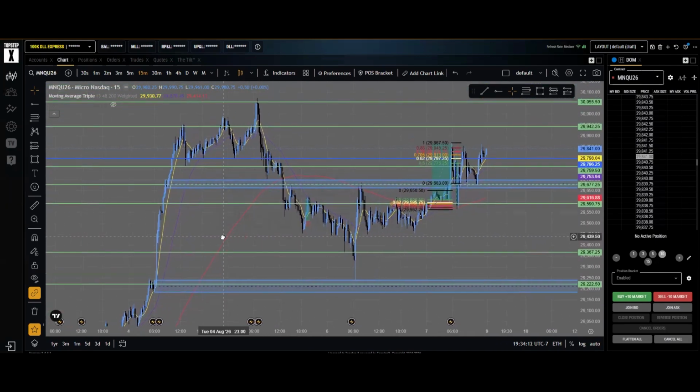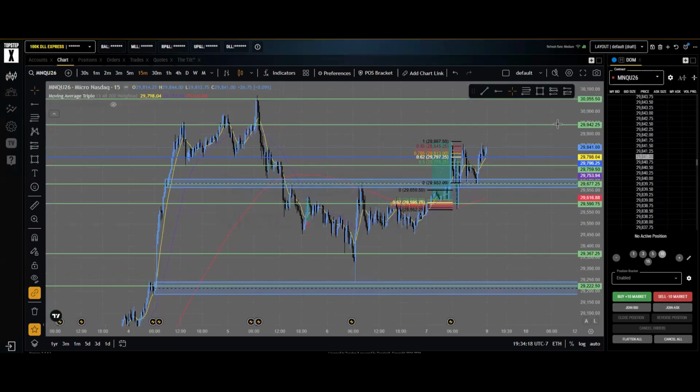Going in, I was waiting because ES already made new all-time highs. I was waiting for some sort of pullback into this order block, which should be support, this order block, which should be support, and this order block, which should be support, right? And over the course of these days, these failed to become support, and it's just been ceilings.